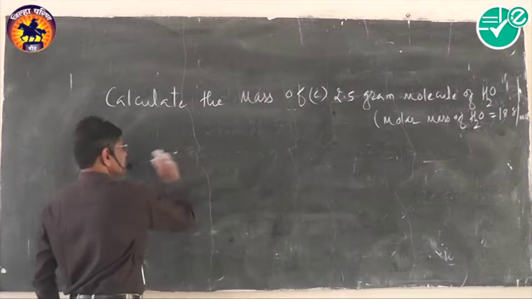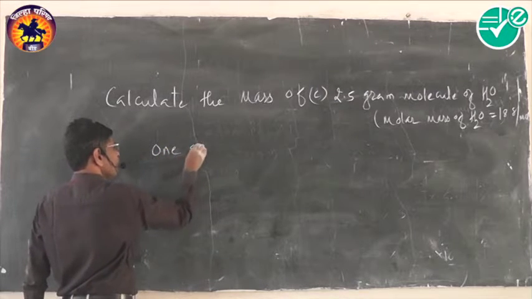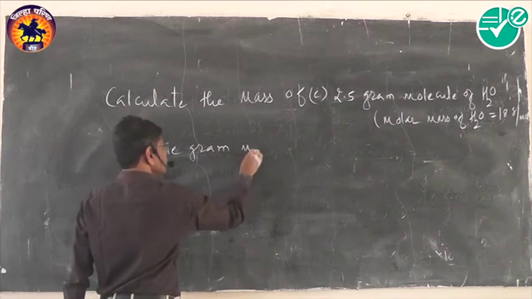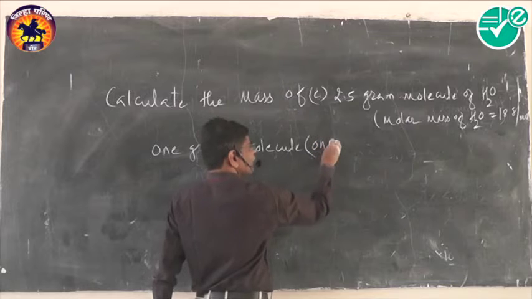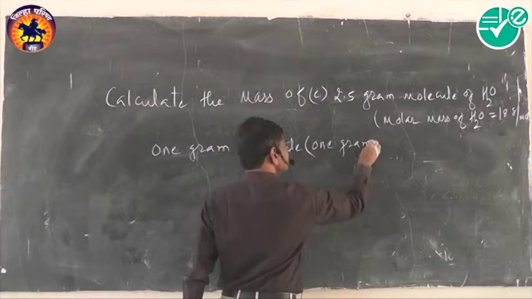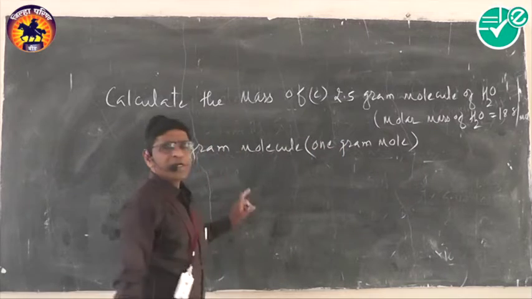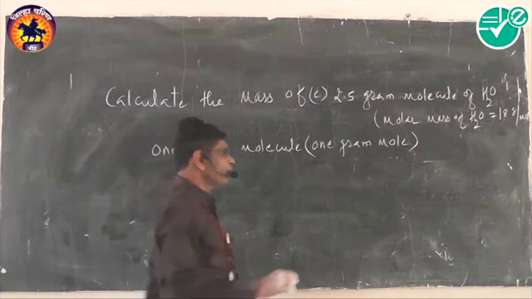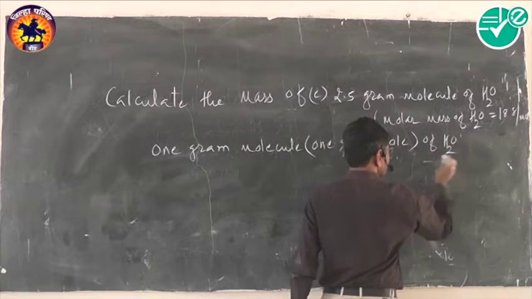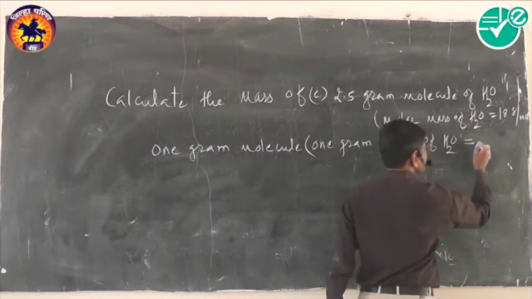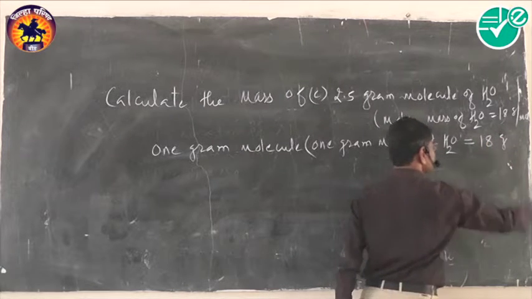Now then, again the same concept. 1 gram molecule is also considered as 1 gram mole. So 1 gram molecule or 1 gram mole of H2O corresponds to its gram molar mass, that is equal to 18 gram.